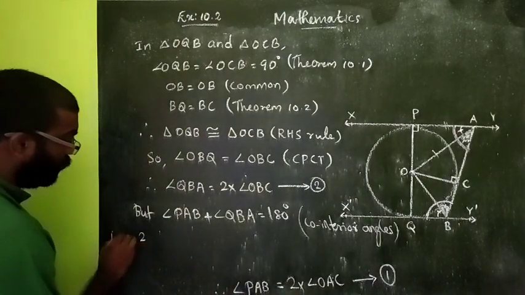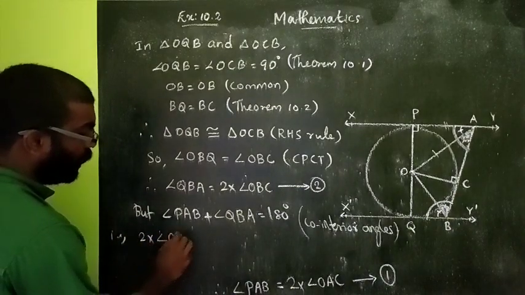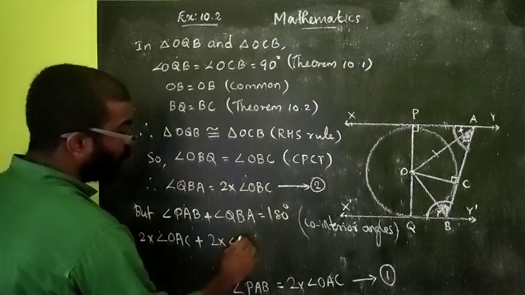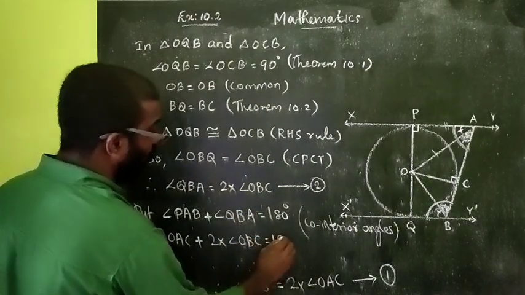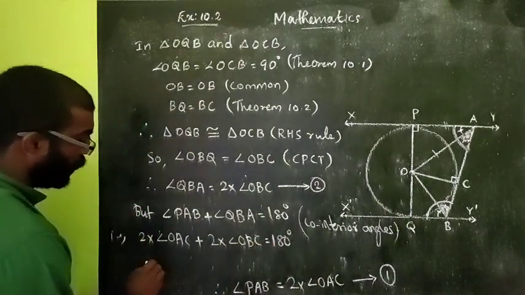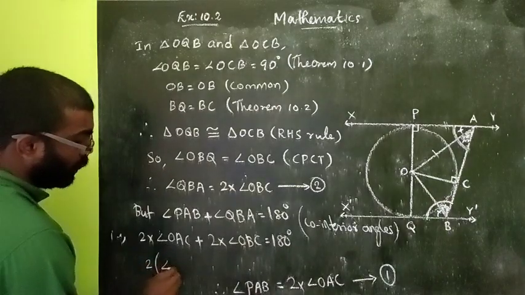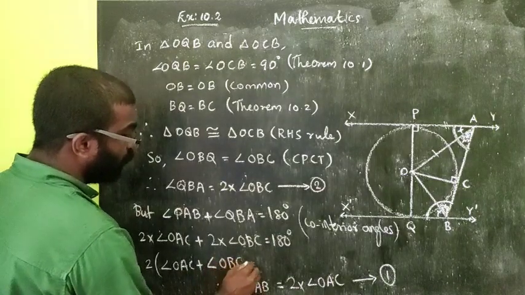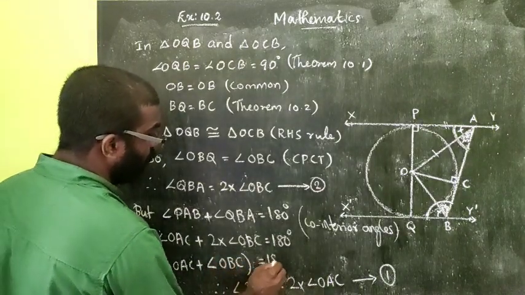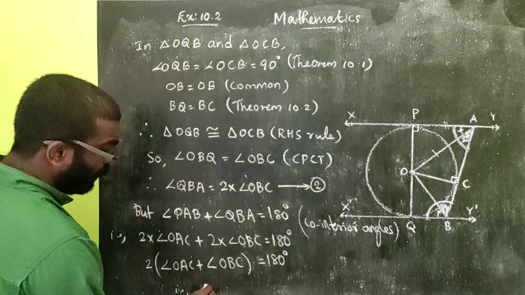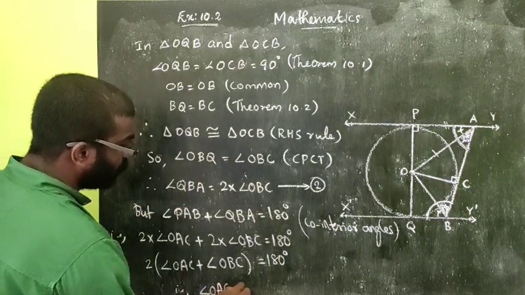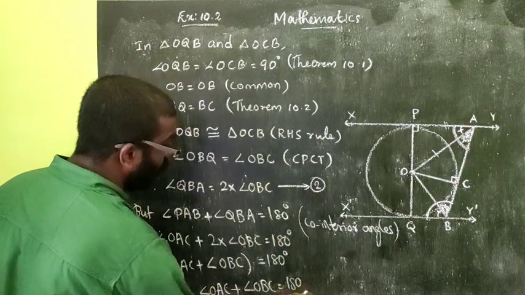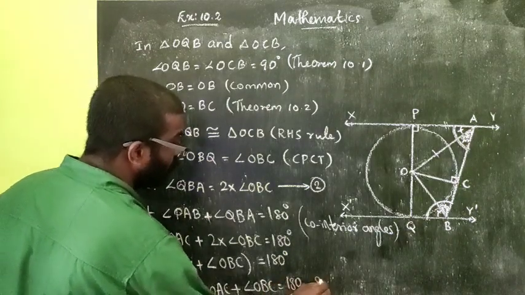So 2 into angle OAC plus 2 into angle OBC equal to 180 degree. 2 we can take common. 2 into angle OAC plus angle OBC equal to 180 degree. That is angle OAC plus angle OBC will be equal to 180 divided by 2, which gives 90 degree.